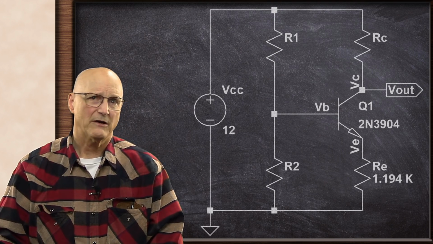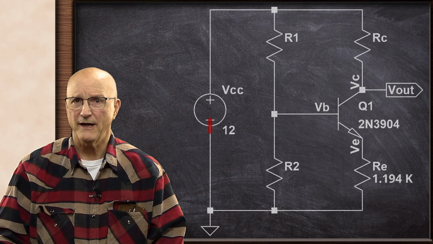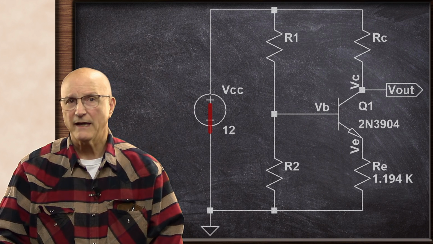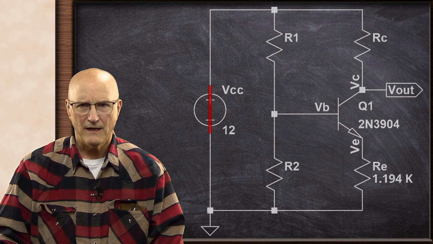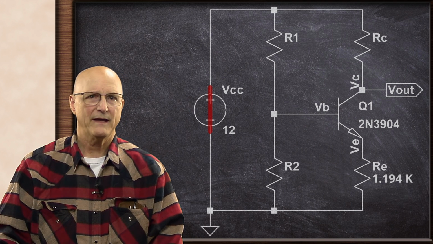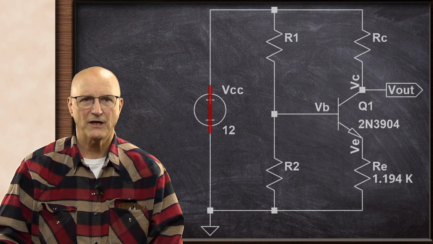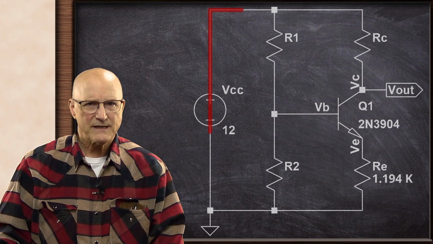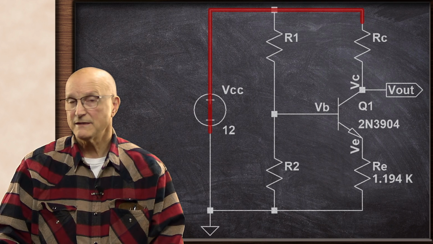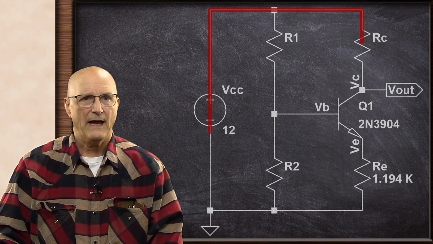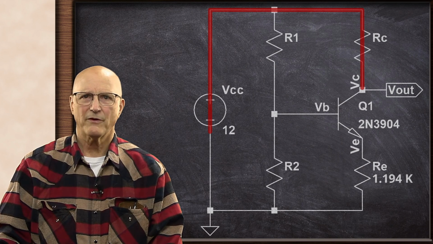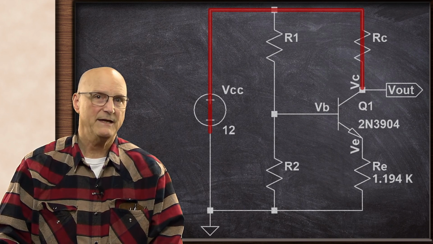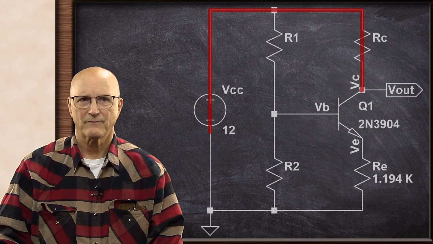So I will start at the negative terminal of the power supply. As I travel from the negative side of the power supply to the positive side, this is an increase in voltage level. It is a positive voltage change. The next thing we come to in this loop is the collector resistor. As we travel through this resistor to the collector, we experience a voltage drop. This is a negative voltage change.